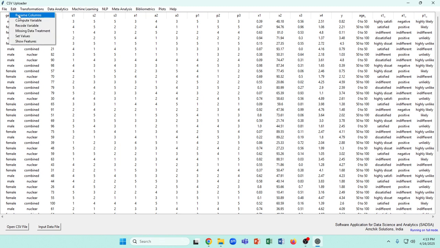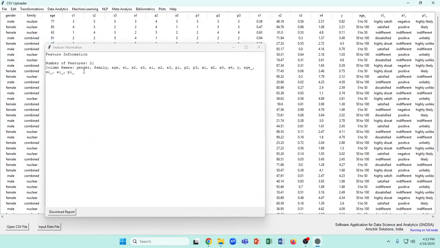So these are the variables in my data set. I have 3 variables which explain a particular qualitative variable called satisfaction, 3 other variables which explain attitude, and 3 variables which explain perception.